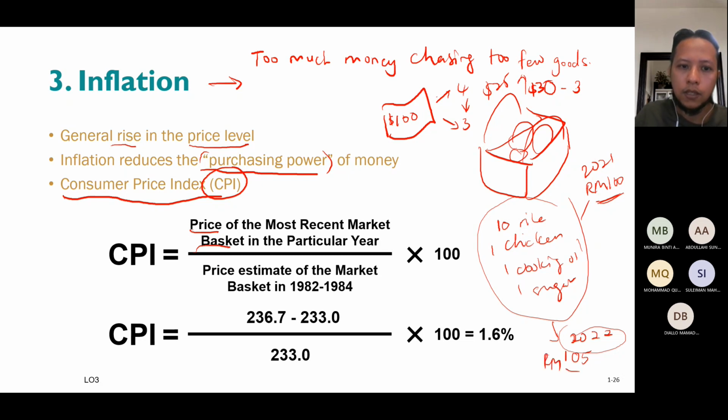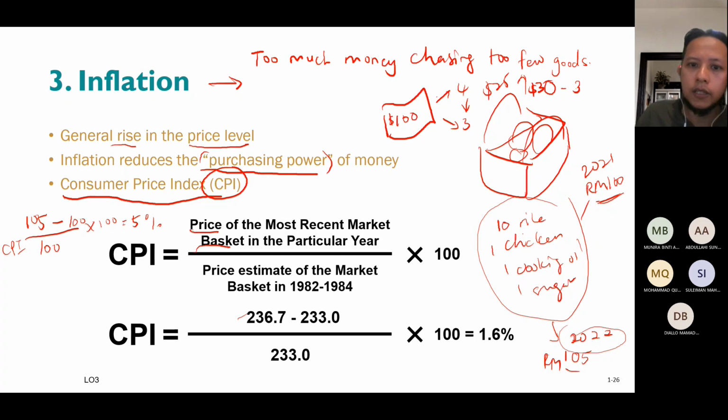So you calculate the CPI as 105 minus the previous year, which is 100, over 100, times 100, and you get a CPI number of 5%.